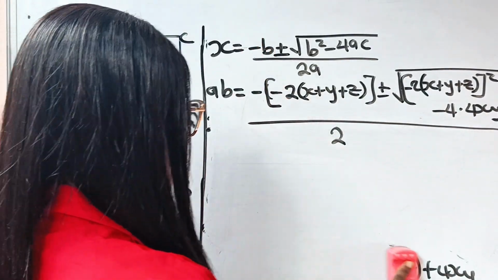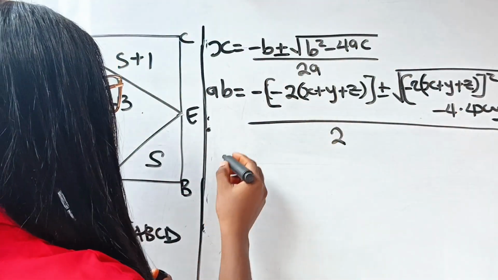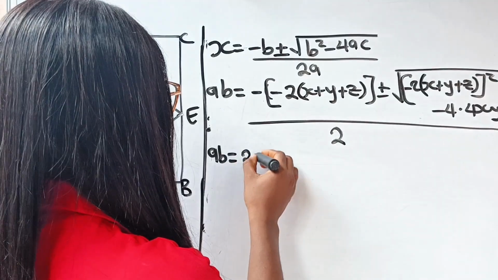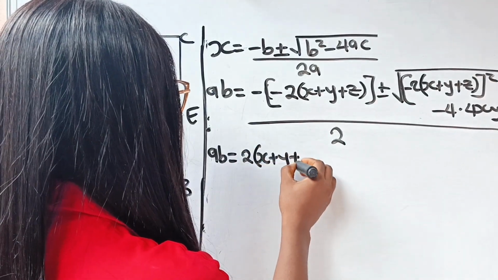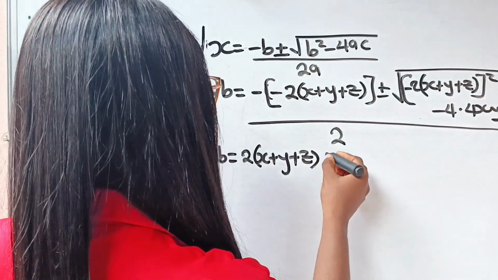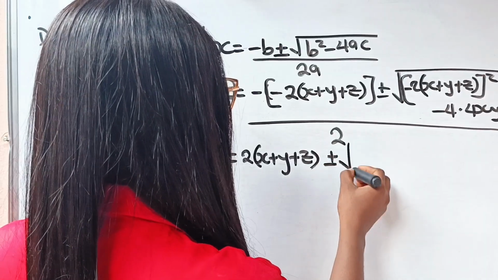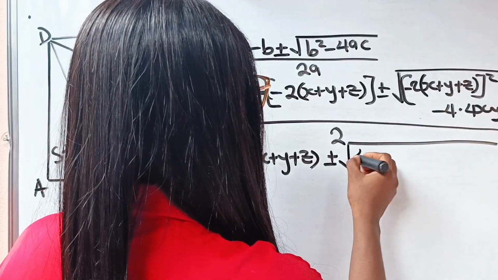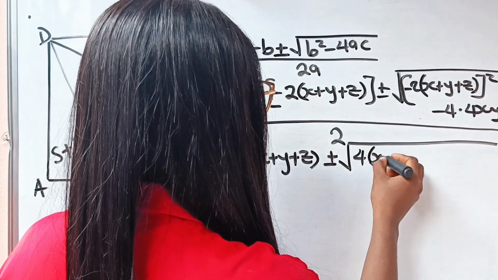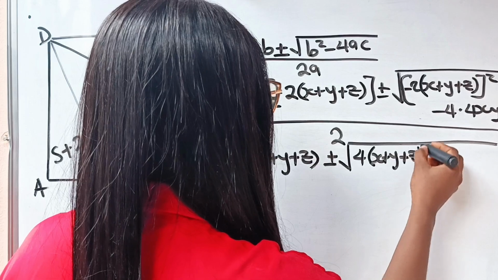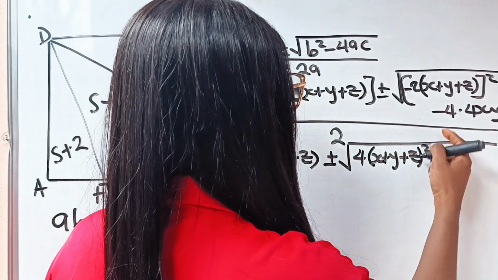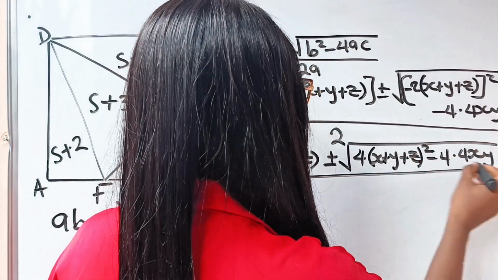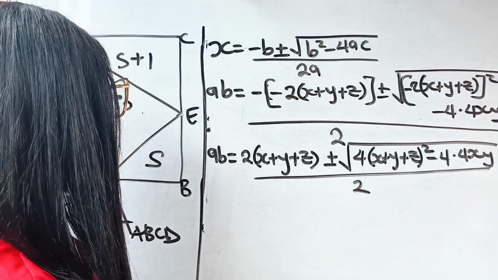Having written that, we'll have that ab is equal to minus minus is plus, so we have 2 brackets x plus y plus z, then plus or minus the square root of, this squared will be minus 2 squared, which is 4, times x plus y plus z all squared, then minus 4 multiplied by 4xy, everything divided by 2.